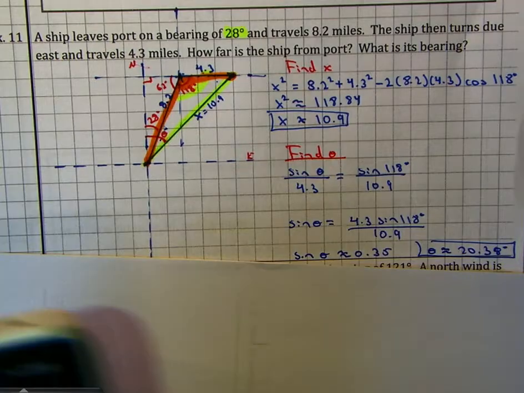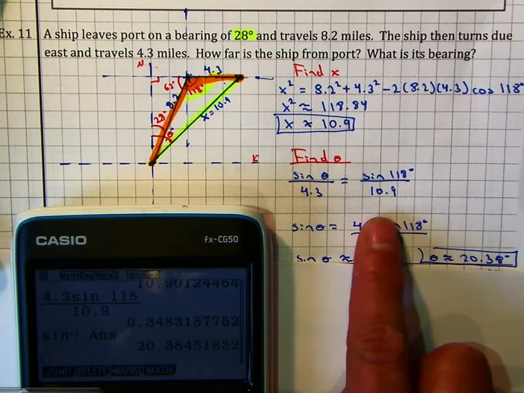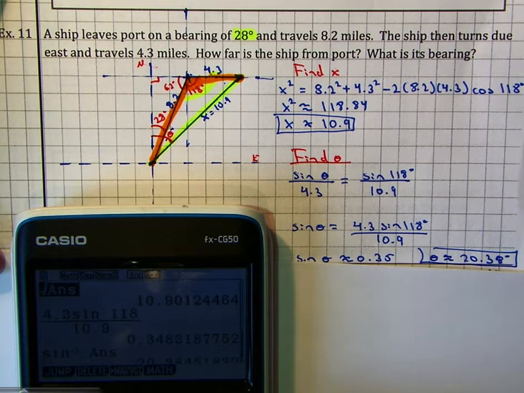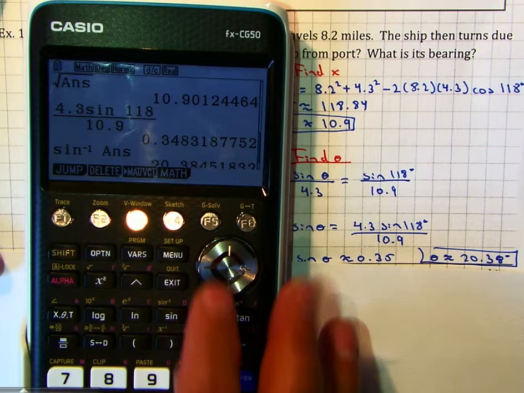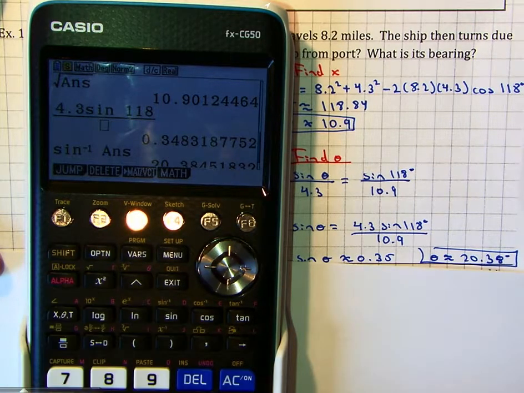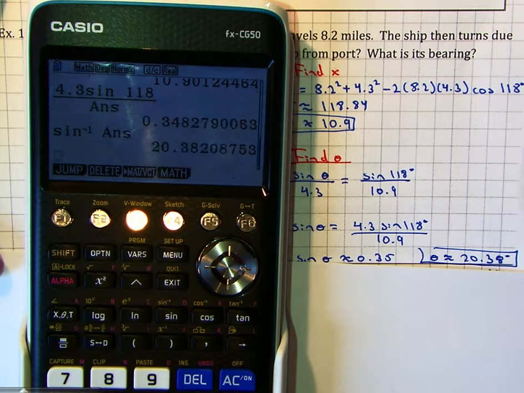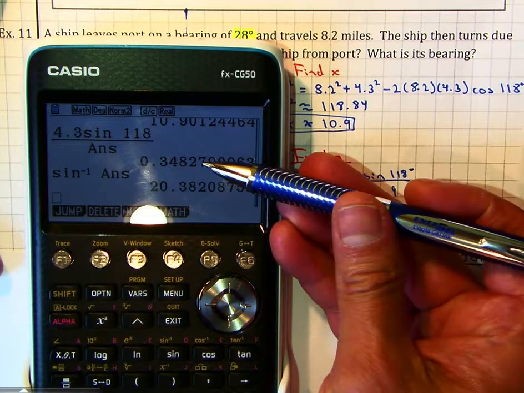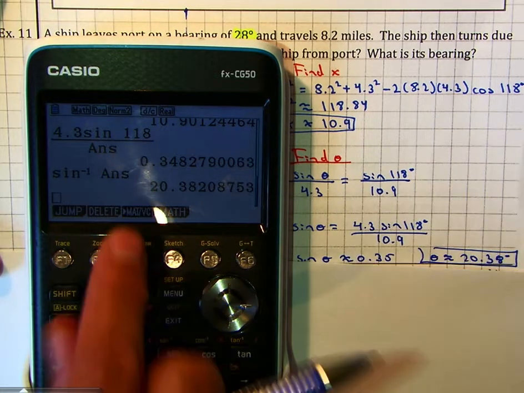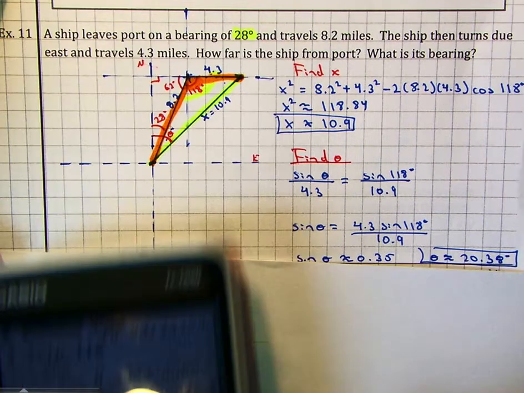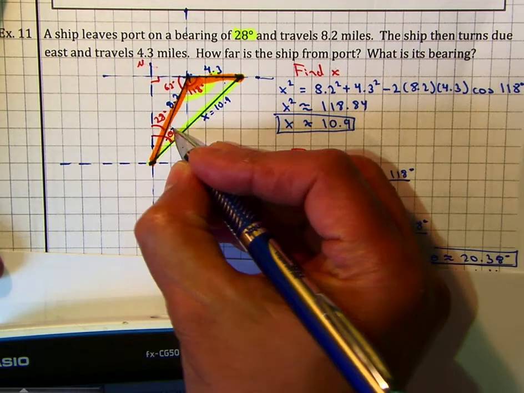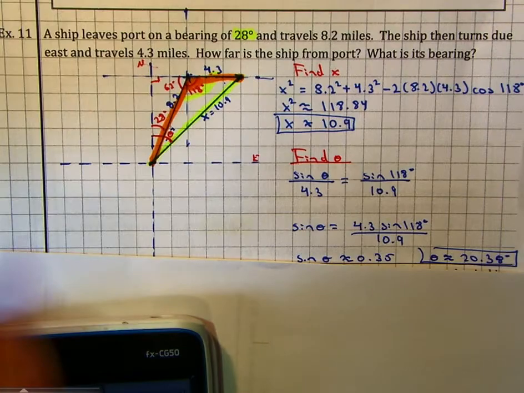And one of the things that I should go back and do, since I have 10.9 in here, is use the stored answer, since I already have it on the calculator. We want to make sure that it's a little more accurate, so I should have just done this instead. You notice that it doesn't change my answer much, but just be careful, sometimes it does. So this is 20.38.